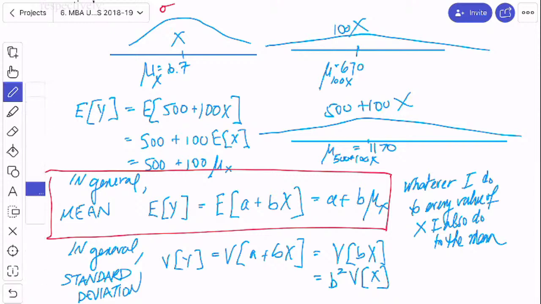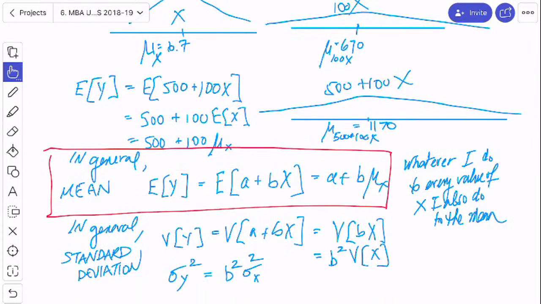And now if I was to write that in standard deviations, where I can write the variance like this, right?